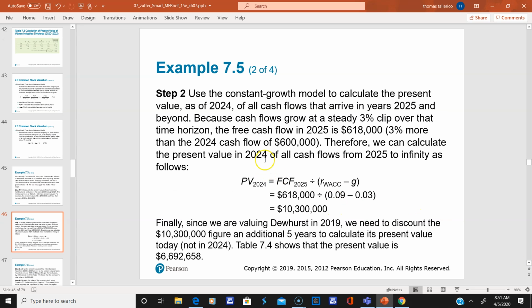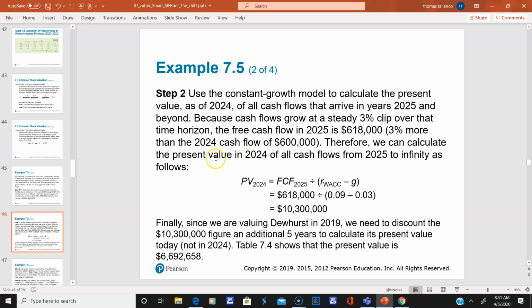Okay, step 2. Use the constant growth model to calculate the present value as of 2024. So here's the equation for the constant growth model. Basically, you get the present value as of 2024 of all the cash flows that arrive in years 2025 and beyond. Because the cash flows grow at a steady 3% clip, the free cash flow in 2025 is $618,000, 3% more than the 2024 cash flow of $600,000.